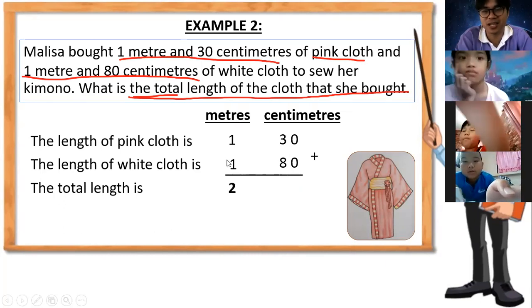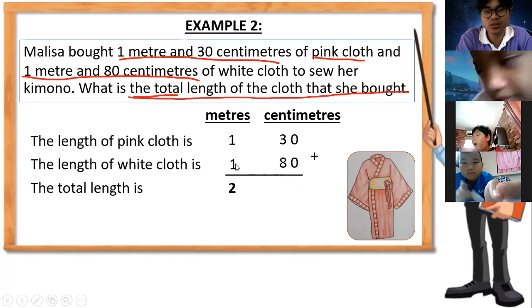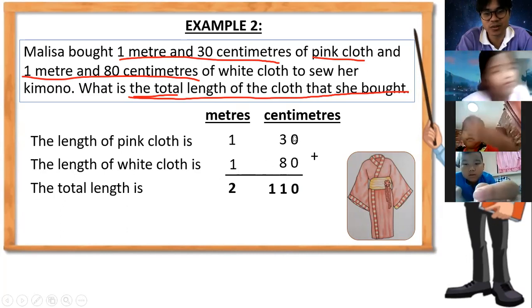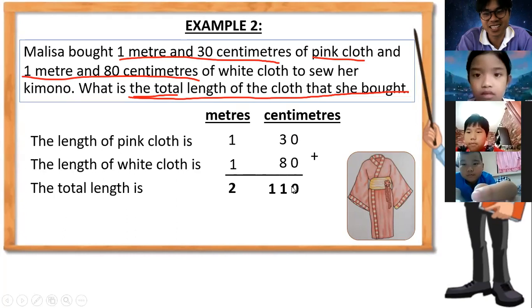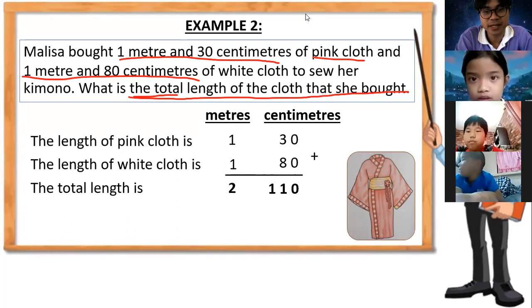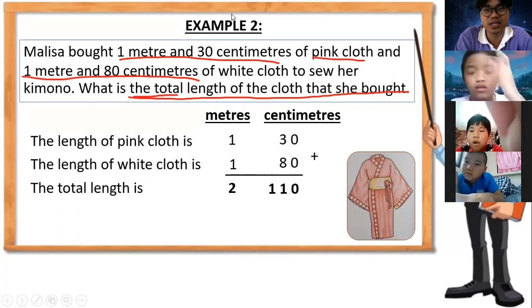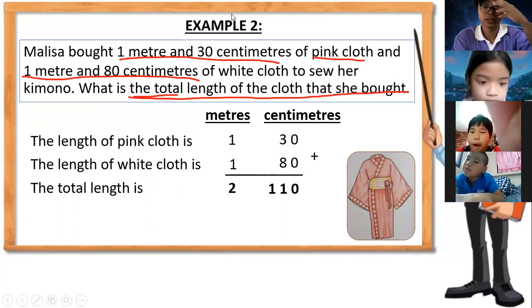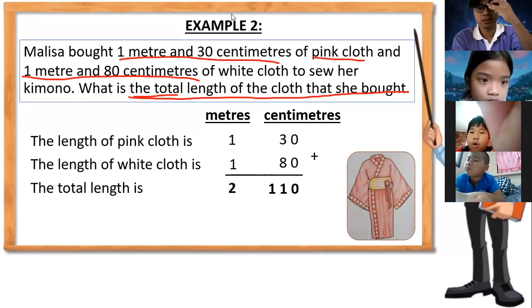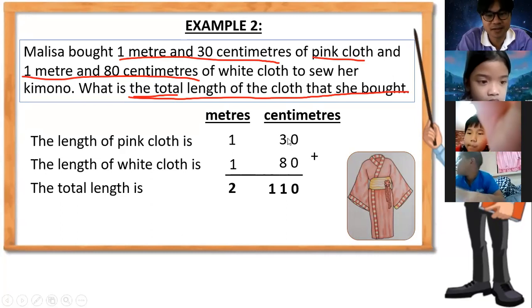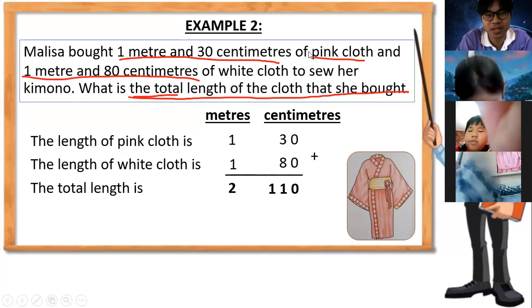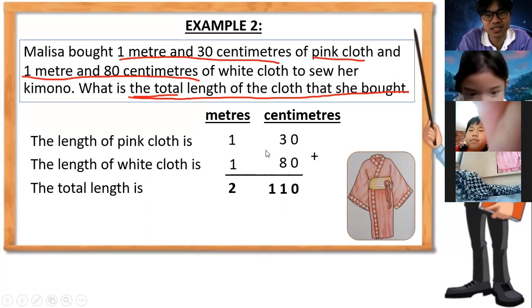We add separately: meters, 2; centimeters, 110. Then this 110, you convert into meters and centimeters. Convert. 1 meter, how many centimeters?